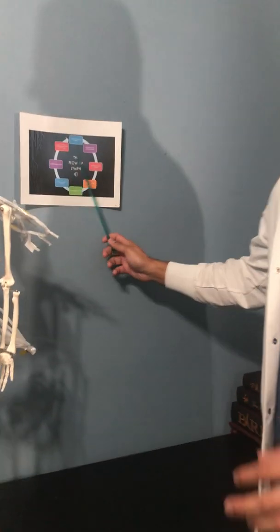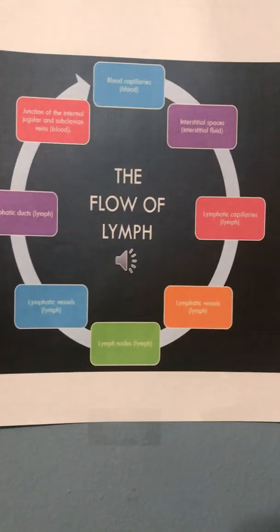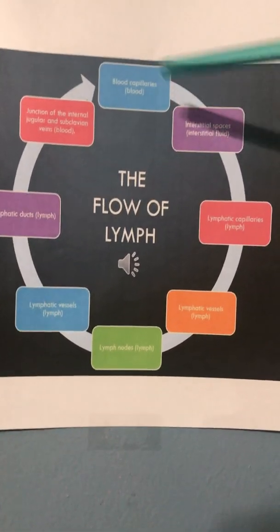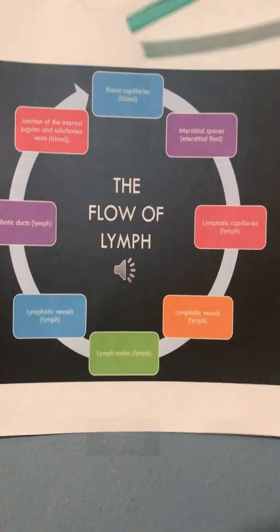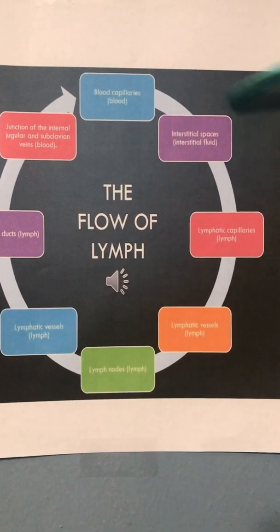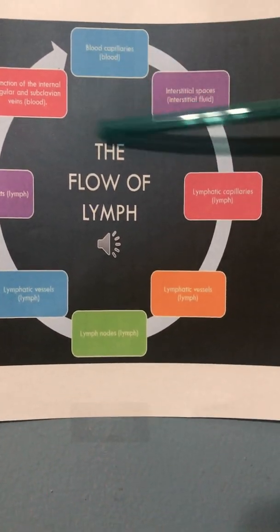So we're going to go to this graphic, and I hope you guys can have a clear vision of it. We're going to get closer. So this is basically how the lymph circulates through the lymphatic system. First, the blood capillaries and the interstitial space create this fluid.